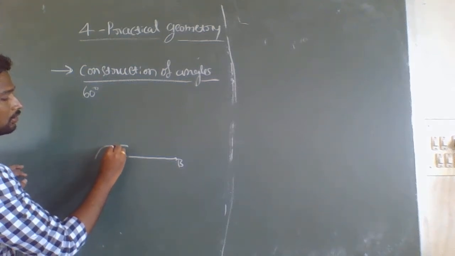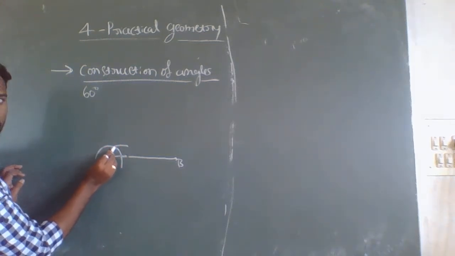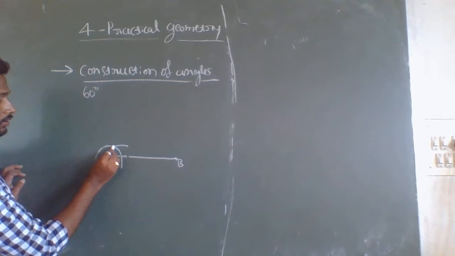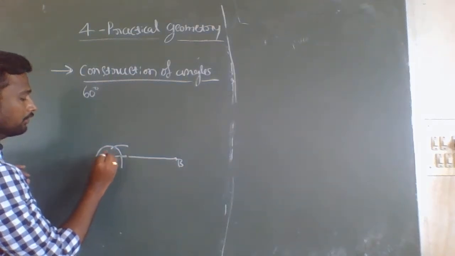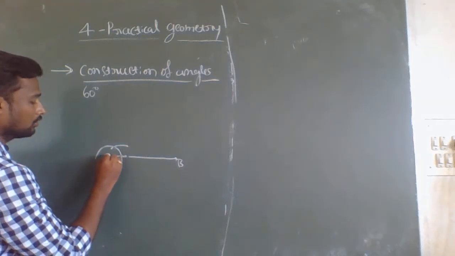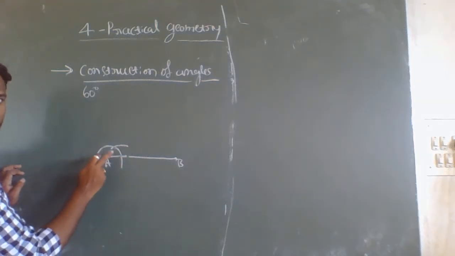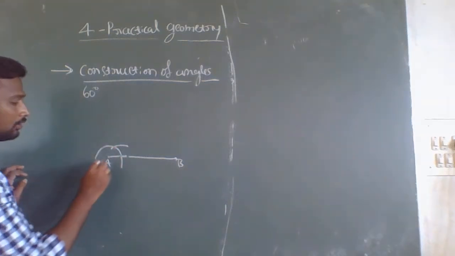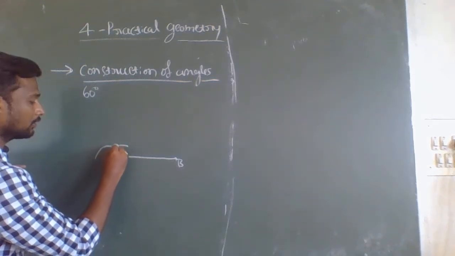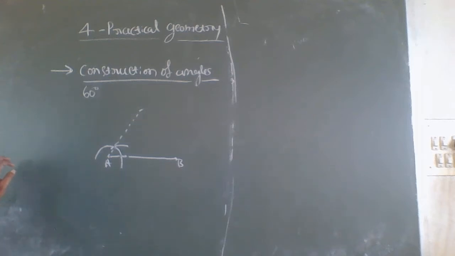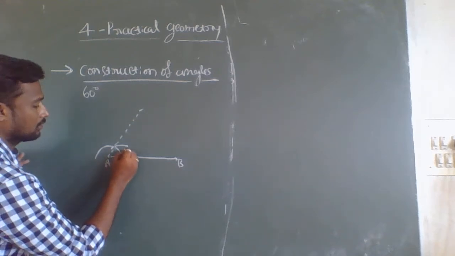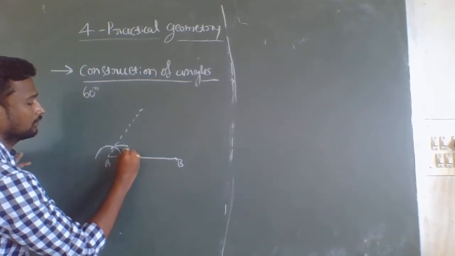Now we have the intersecting point. If you draw a line from A through this intersecting point, you will get 60 degrees. So this is 60 degrees.